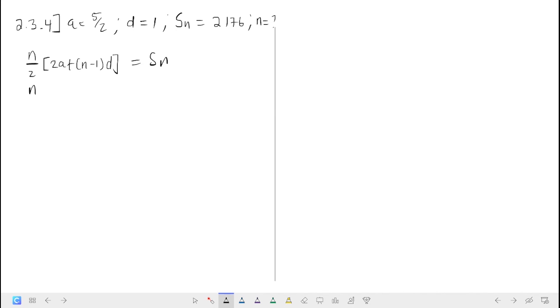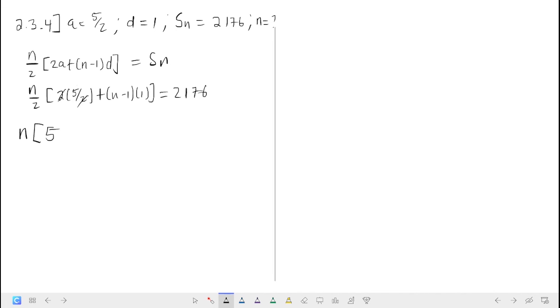So this is n over 2 into (2 times 5 over 2 plus (n minus 1) into 1) equals 2176. Now I'm going to take the 2 and multiply it over so that I'm left with n, and this one cancels with that.